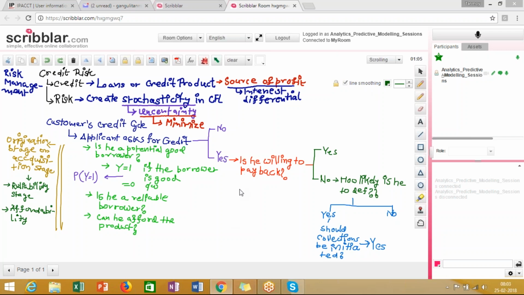So basically, when the borrower has been given the loan, the question that the bank is likely to ask over here is, number one, how willing is the borrower to pay back the loan?